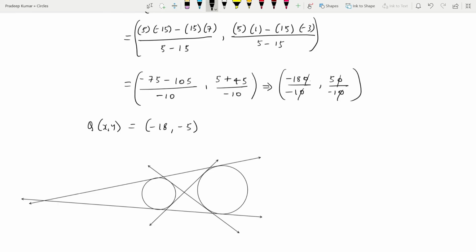The external center of similitude which we took as Q, we got as minus 18 and minus 5, whereas the internal center of similitude which we have taken as P, we got as 3 by 2 comma minus 2. So Q and P, both of the points we got, and we got even the 4 tangents. This is tangent number 1, tangent number 2, tangent number 3 and tangent number 4. So these are the 4 tangents which we got for both of these circles. So this is all about this particular question.